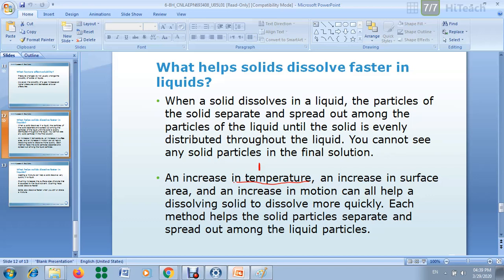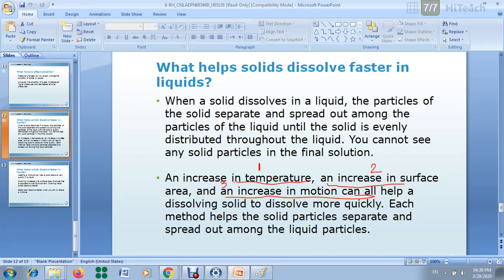The second one, an increase in surface area. The third one, an increase in motion. When you increase the motion of the solvent, you make the particles of the solid dissolve faster.